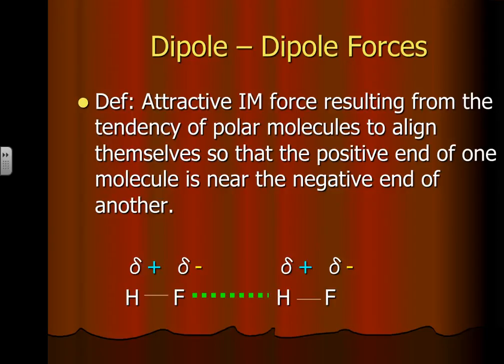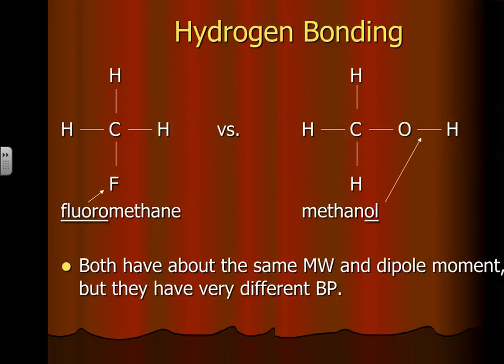And then we're going to move on to hydrogen bonding. With hydrogen bonding, the thing that I want to point out is first maybe something that doesn't seem normal. I have on the left fluoromethane. It's called fluoromethane because you can see that a hydrogen is replaced with a fluorine, instead of being just methane.